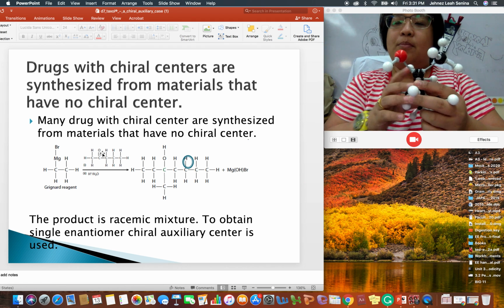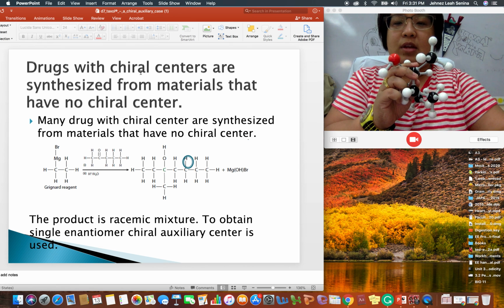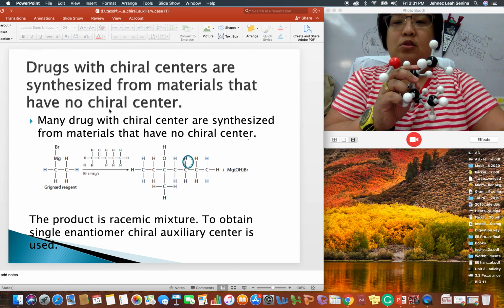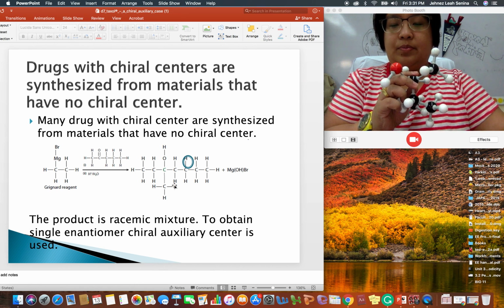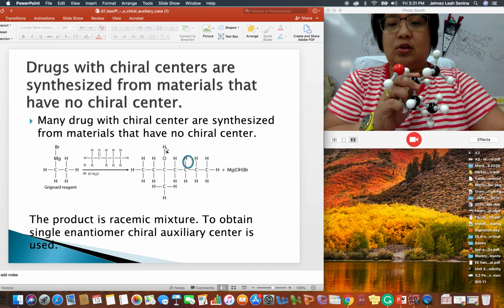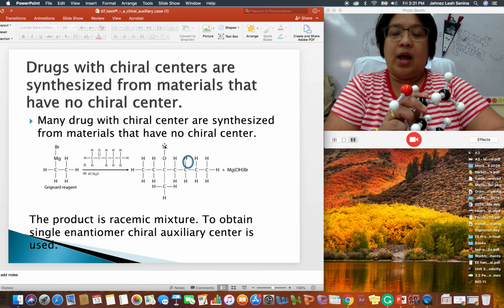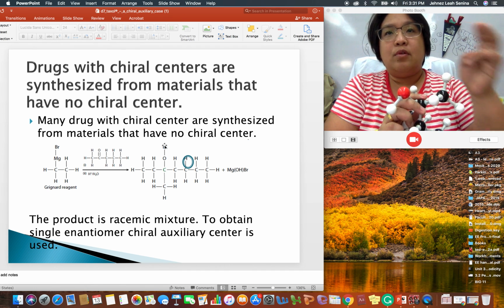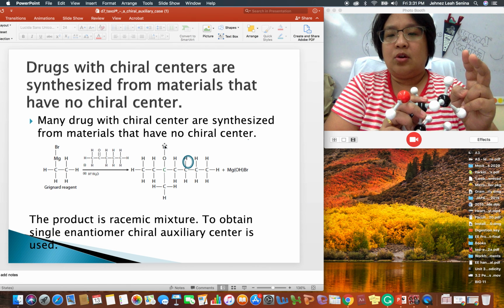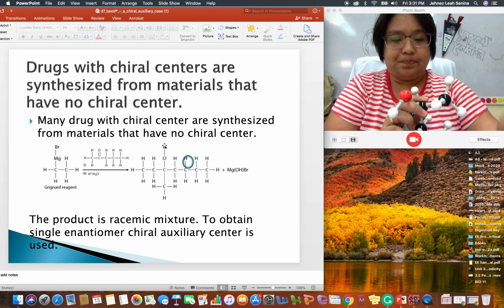So if you make drugs with chiral centers from molecules with no chiral centers, the medicine that you make can exist as enantiomers. Like the OH would be here and the CH3 would be here. And that's what you call a racemic mixture. You have two enantiomers of the molecule.